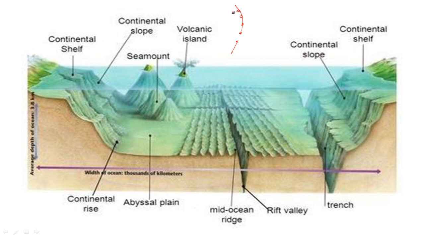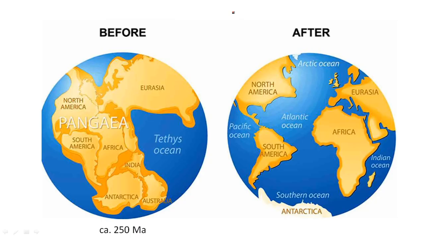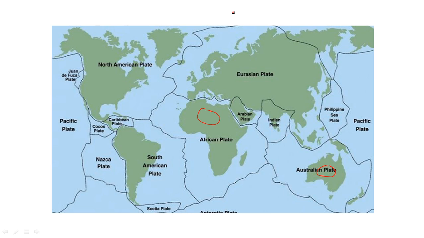Some good example is Japan. Okay, these islands, Japan, are an island arc. Son un arco de islas volcánicas close to the continent.